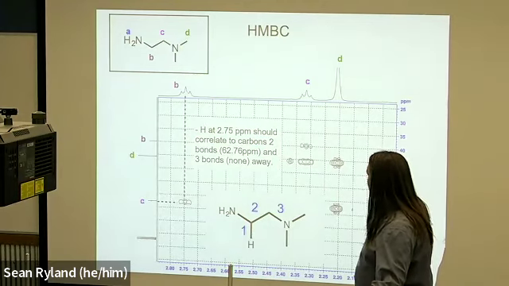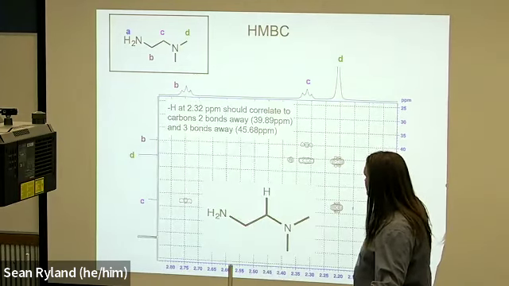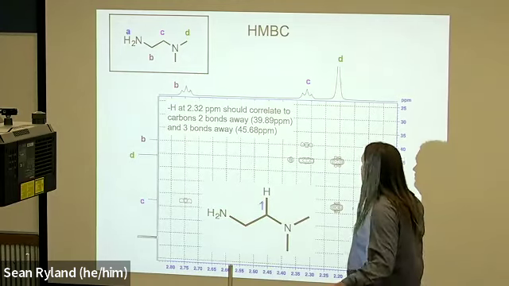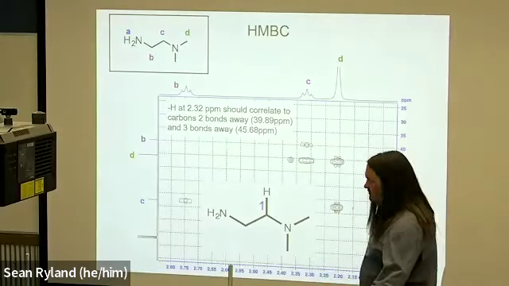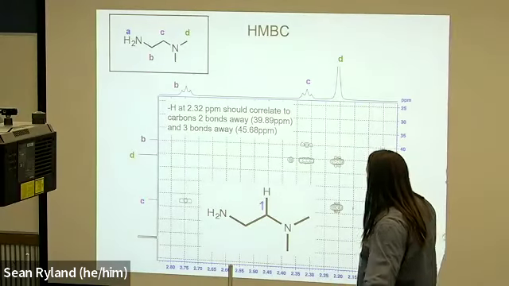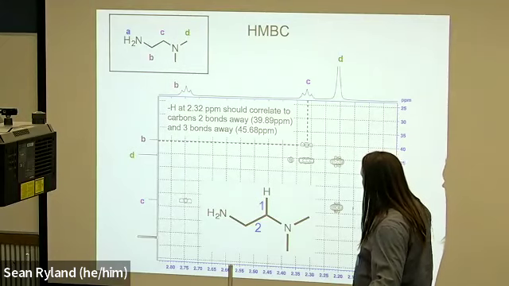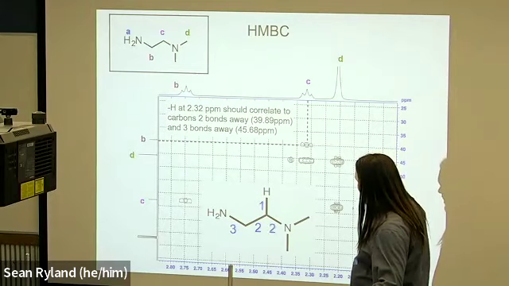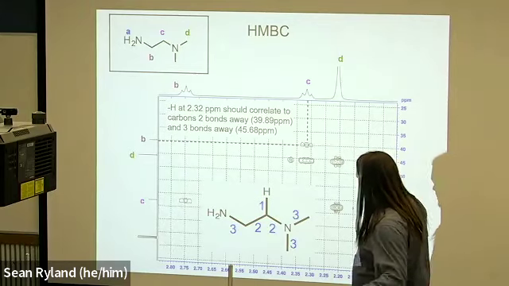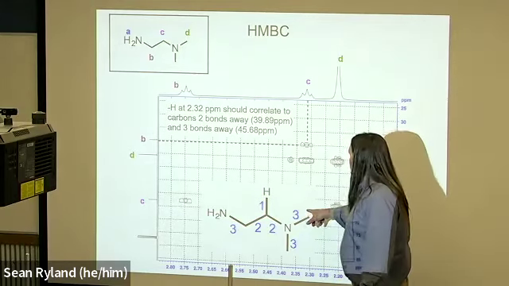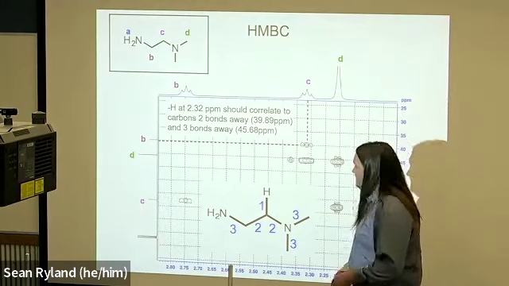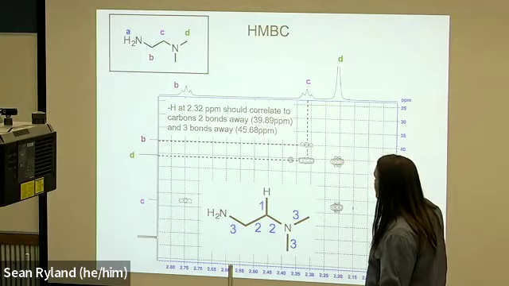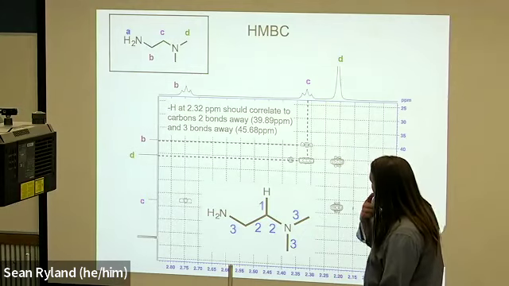After 3 steps away, there are no carbons. And then our proton C. 1, 2 bonds away. 3 bonds away is no carbons there. But there's these methyls here. So we should see 2 signals in column C. And they match with what we already established to be B and D.